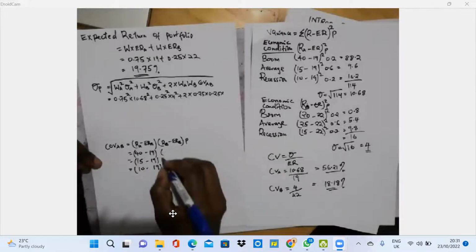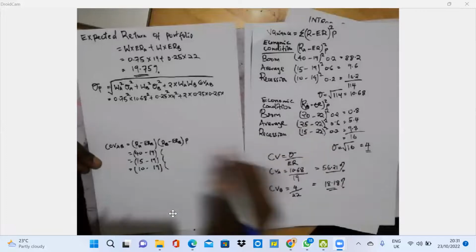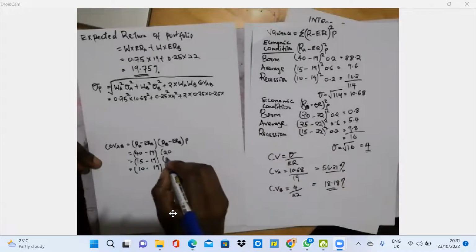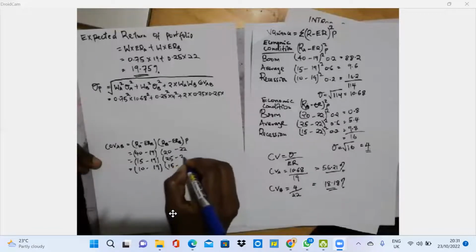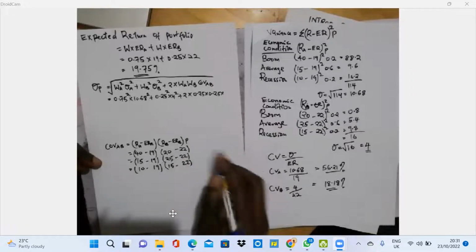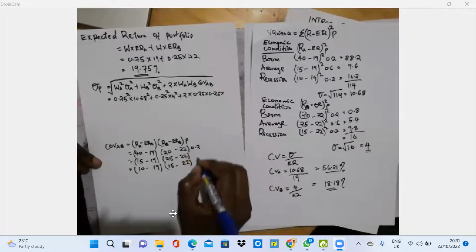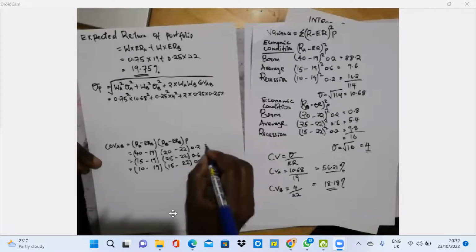Then return of B, it was 20, 25, and 15. Expected return was 22. Then you multiply by the probability 0.2, 0.6, 0.2.